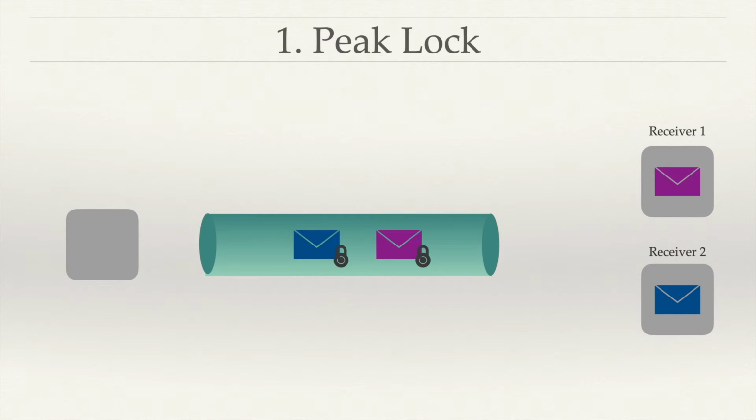So within the queue, there will be a lock applied on those messages while the receiver is processing them. So basically, the message will not be deleted from the queue.